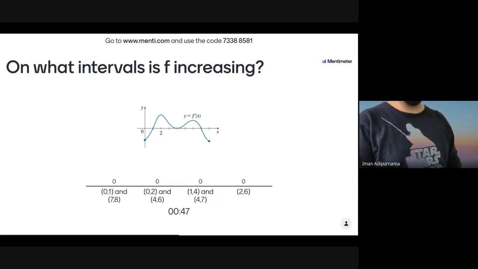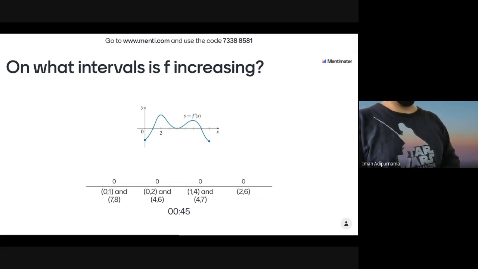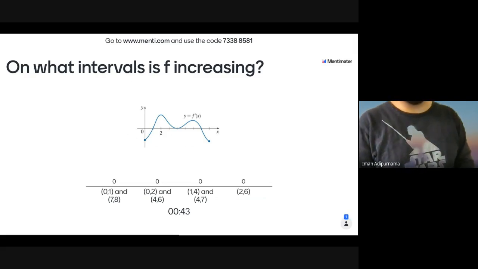F increasing. Okay, look at the graph. Carefully look at the graph.